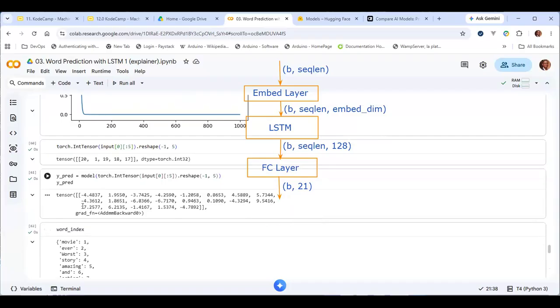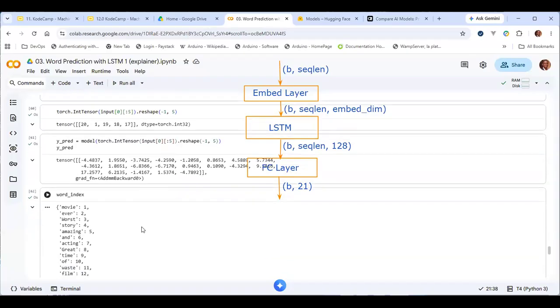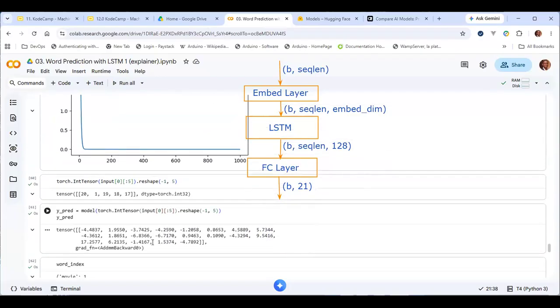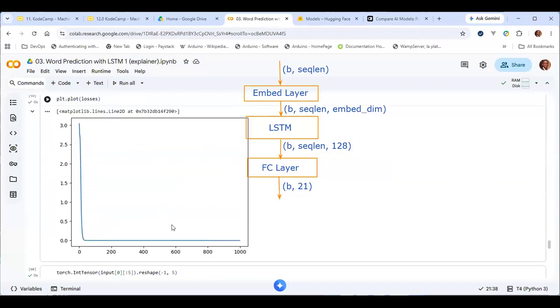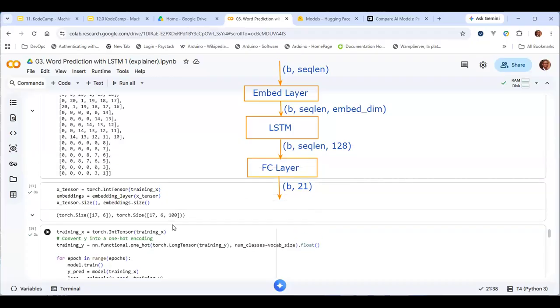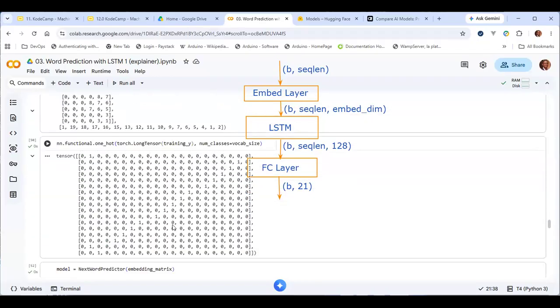But this is 17, 9 minus 4. Well, maybe the padding is here. Oh, hold on. The padding is not part of the prediction. That's correct. Let me see what I had in our one hot. Okay, it is part of the prediction.